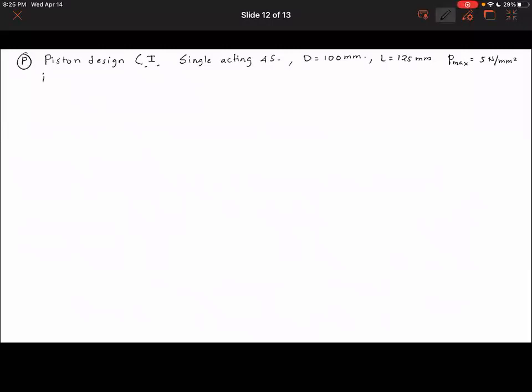So IMEP, indicated mean effective pressure, is 0.75 Newton per millimeter square.